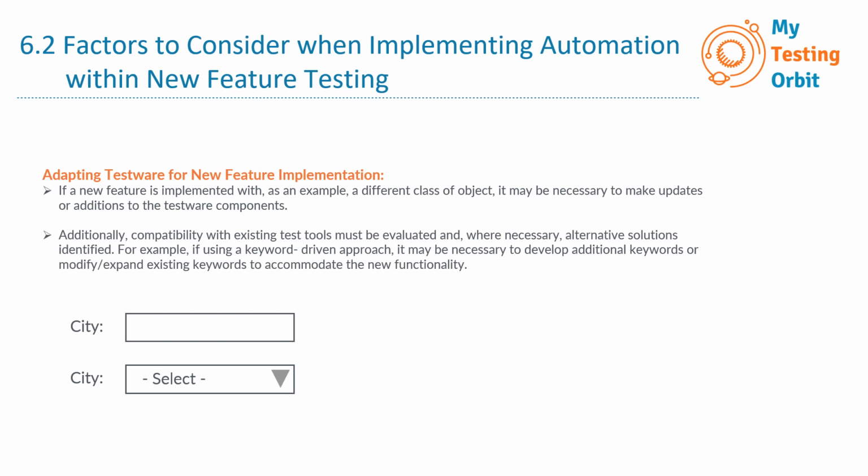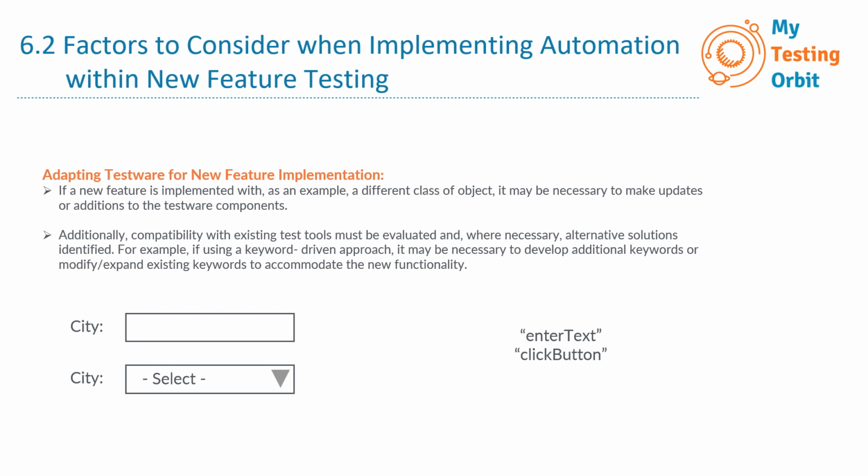Next point is that let's say the existing testing framework relied on a keyword-driven approach where predefined keywords, for example enter text and click button, are used to perform actions during testing.